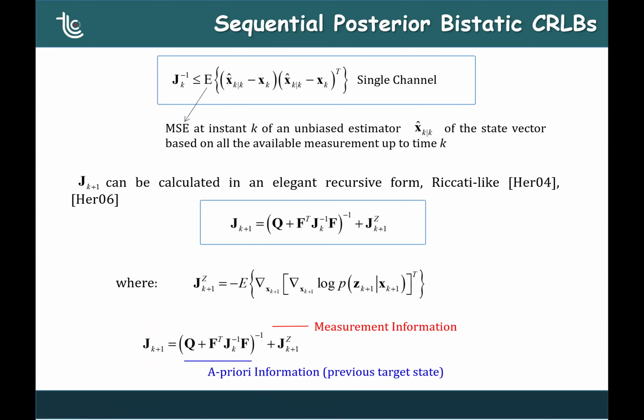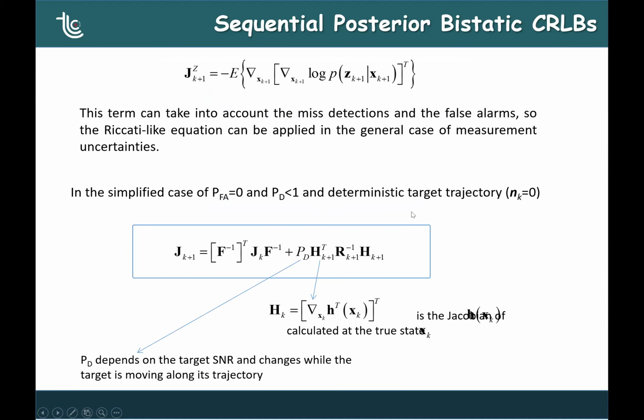Now, without going into many details, the covariance matrix of the noise depends on the Fisher matrix, and the Fisher matrix depends on the prior information and on the new measurement information. What do we decide?